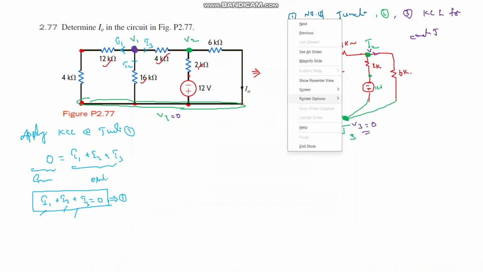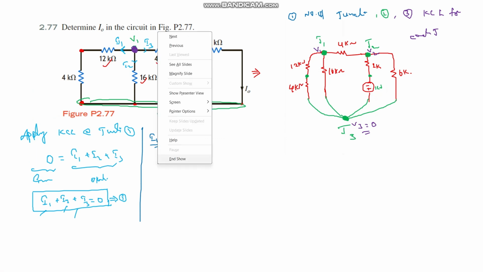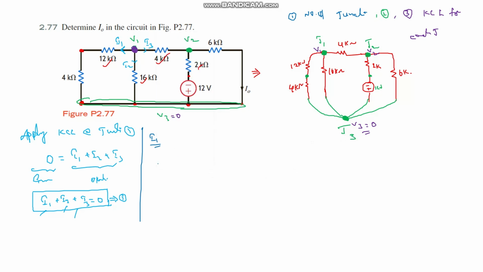At junction 1, expression for I1. I1 is the current flowing from V1 to V2 through the 12 kilo ohm resistance and 4 kilo ohm resistance.